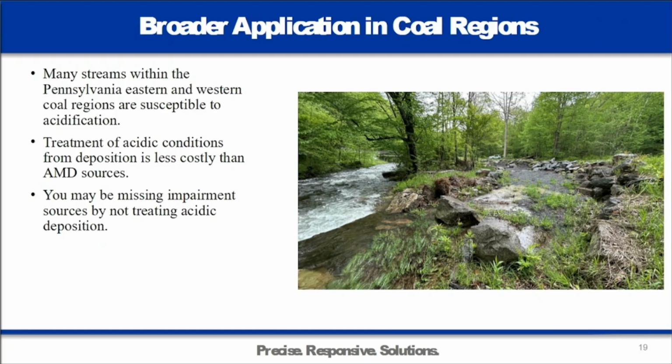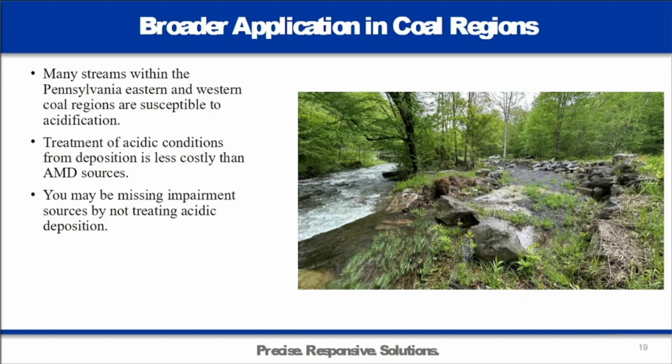So many streams within the coal regions are susceptible to acidification due to the native geology there. And if you're only looking at direct AMD discharges into the waterways that you're working in, you may be missing both acid loading and you may be missing areas in your watershed that you could restore. You could have a wild trout population.